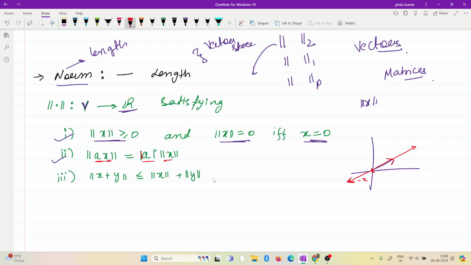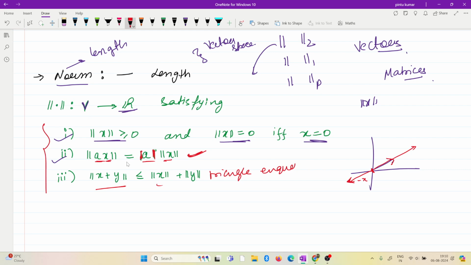Only the direction changes. So this mod is to take care of that directional change. Second property satisfied, and the third property is again the triangle inequality that we know. So the length of x plus y should be less than or equal to the length of x plus the length of y. So these are the 3 properties of a norm.